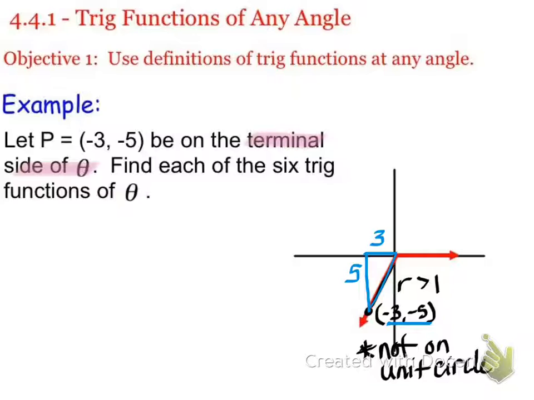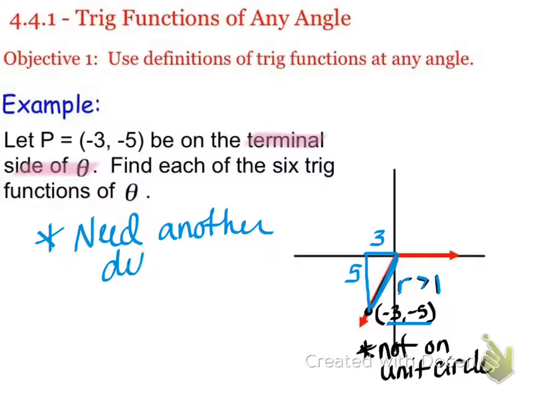But this triangle would not be on a unit circle, because the radius would have to be greater than 1, and the unit circle is defined as only being a circle that has a radius of 1, and that point P would not be on that circle. So this tells me I need a different definition of the trig functions.